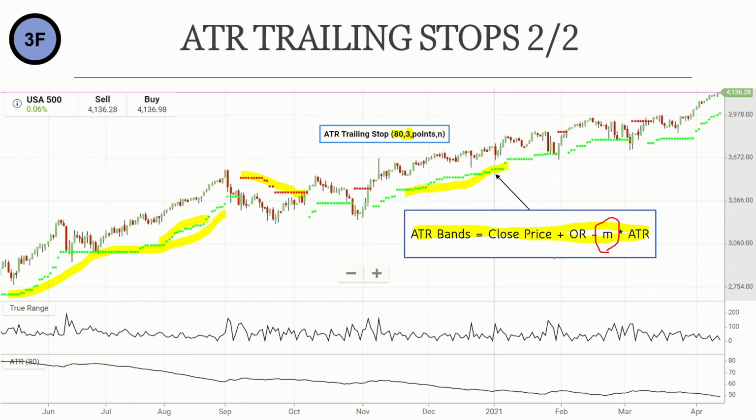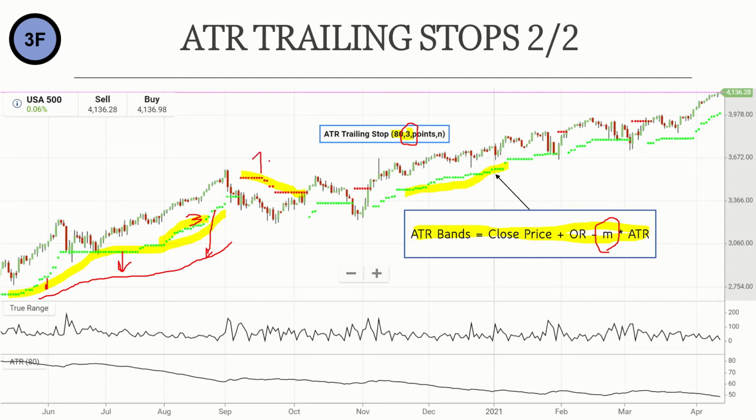In this case, we had an m value of 3. Sorry for my writing. Now, if I choose 5, this green line would come down here, so more or less having something like this.